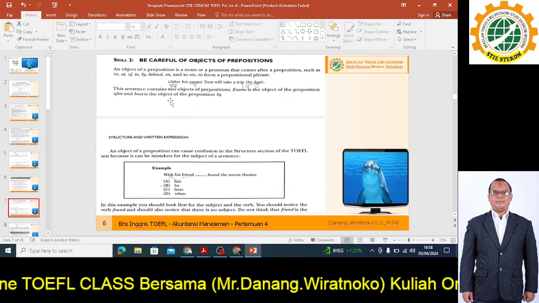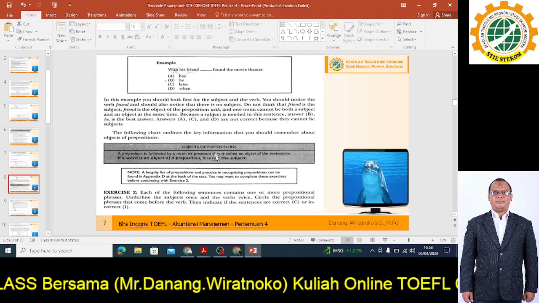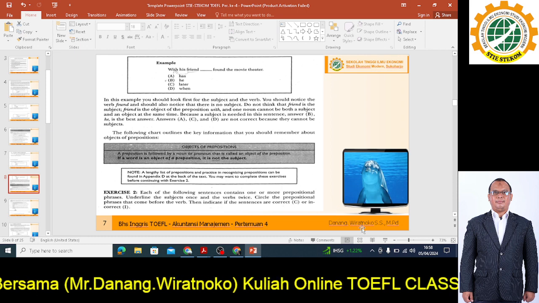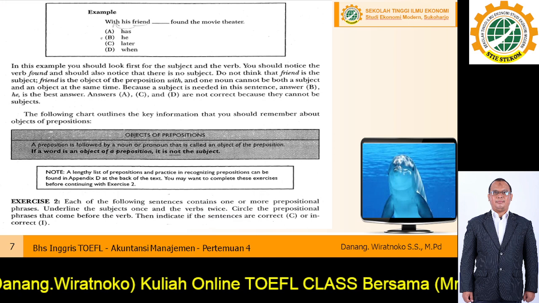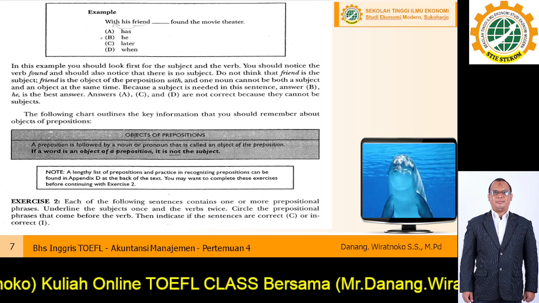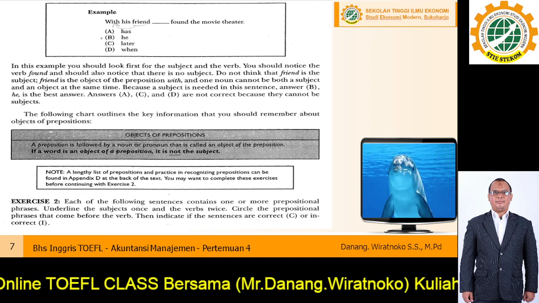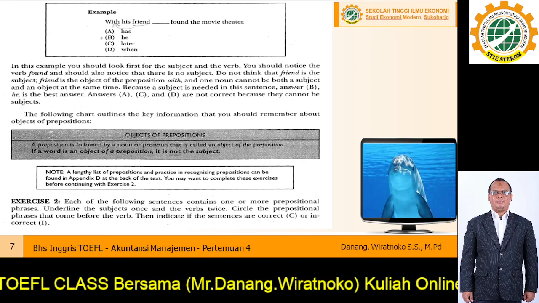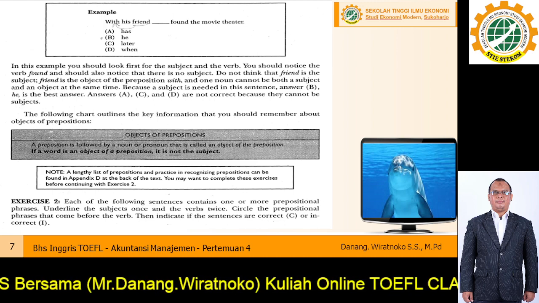Okay, next one we have example with the prepositional, yeah, over here. Another example. In this example, you should look first for the subject and the verb. You should notice the verb found and should also notice that there is no subject.